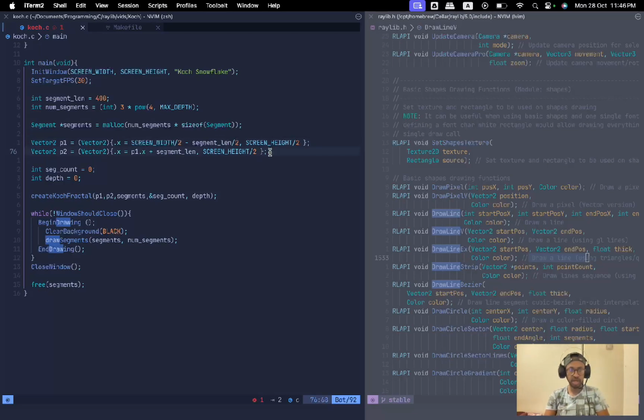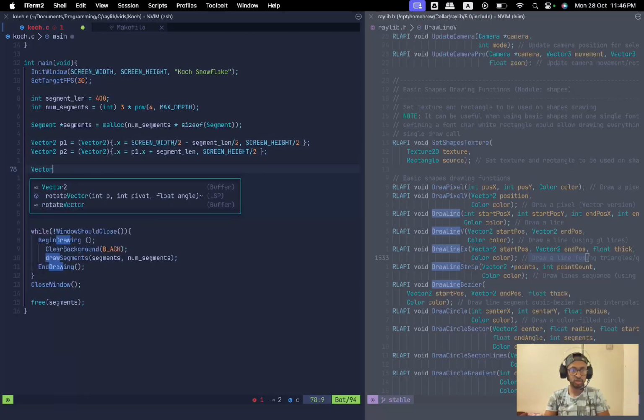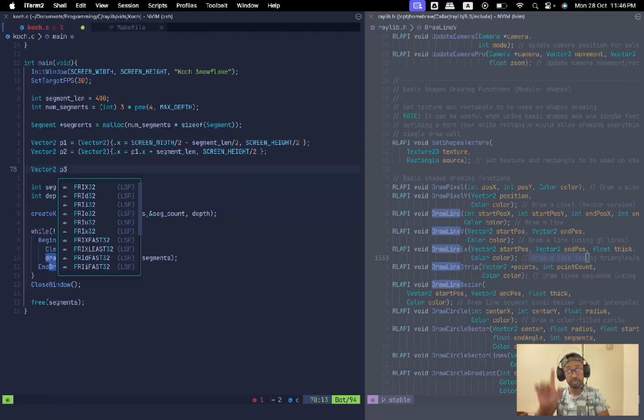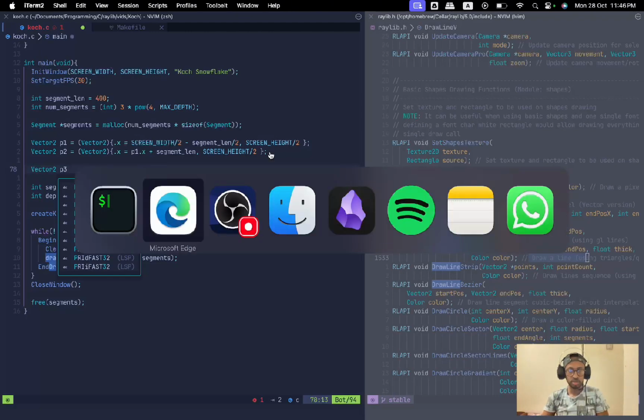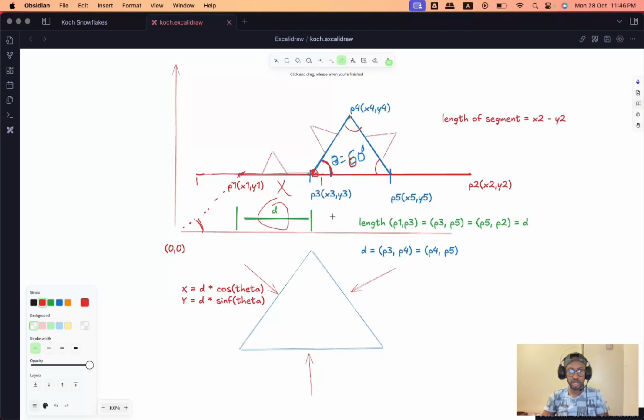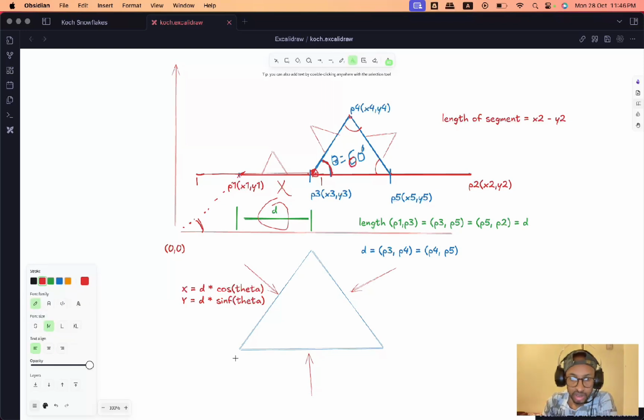Let it be, but now I need a vector. I'm trying to create something like this. I have P1 here, and I already have P2.